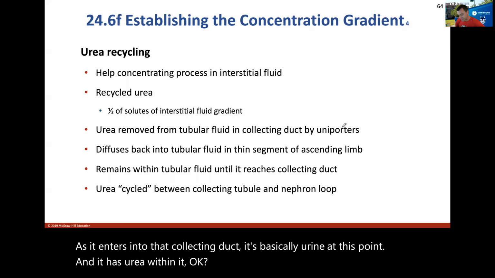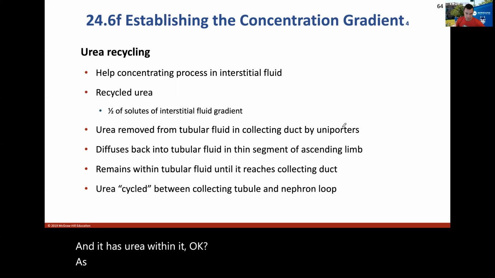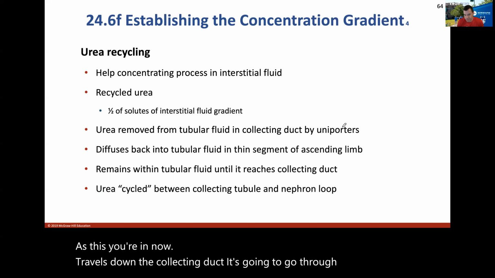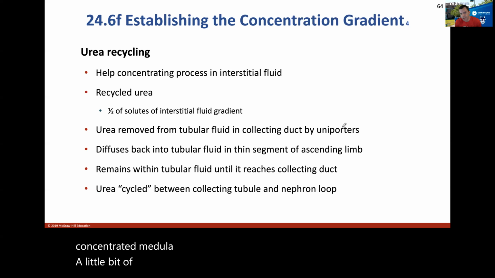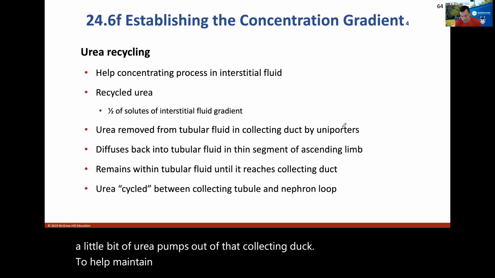As this urine now travels down the collecting duct, it's going to go through this concentrated medulla. A little bit of urea pumps out of that collecting duct to help maintain some of the osmolarity of the surrounding interstitium.